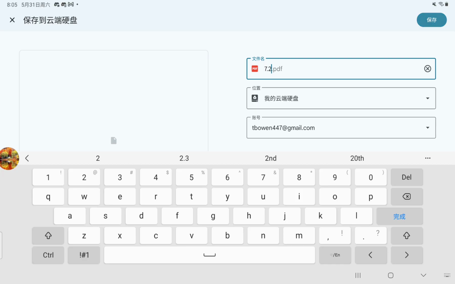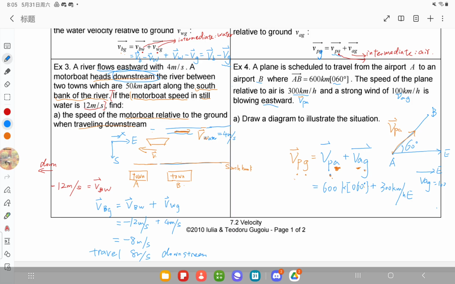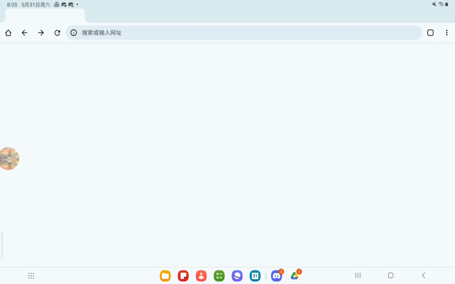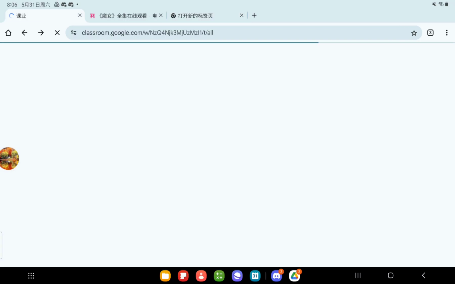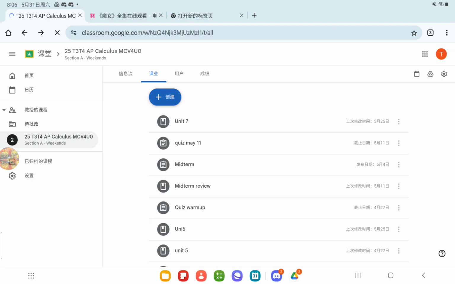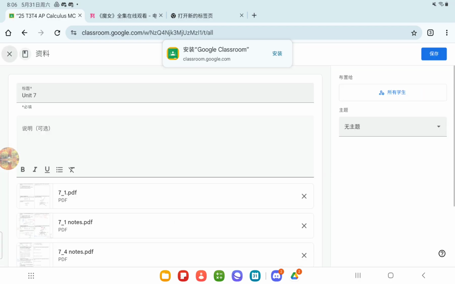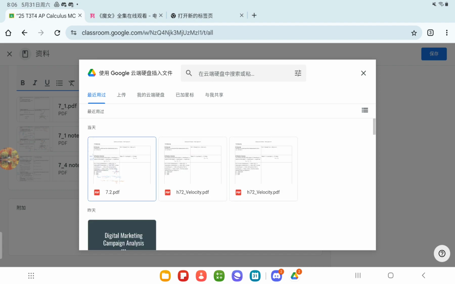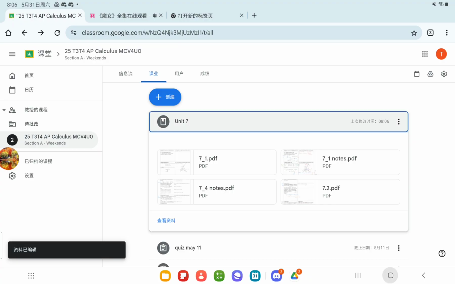Okay, 7.2. Yeah, so now you can download 7.2 if you want.